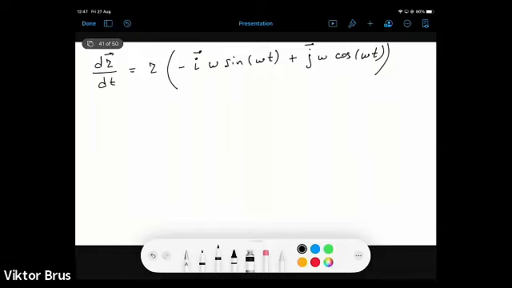Now we need the second derivative. So d square r over dt square. Our constant goes here. We already took the derivative of these terms. It will be minus i unit vector times omega square times cosine omega t.